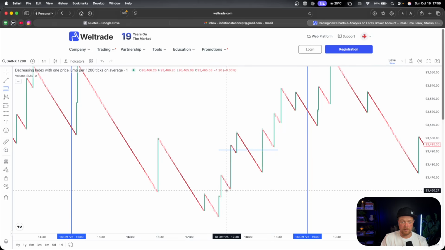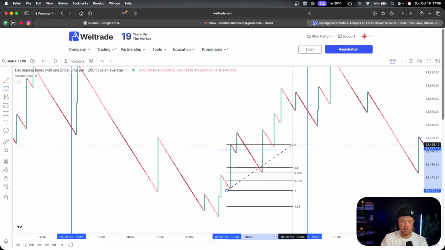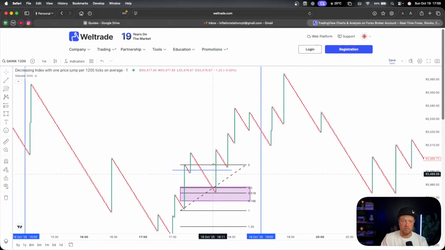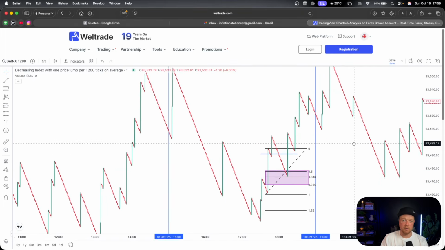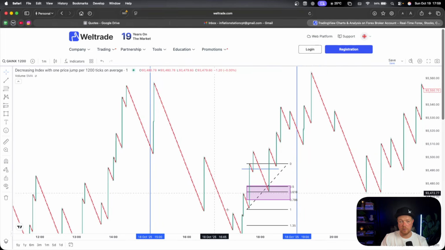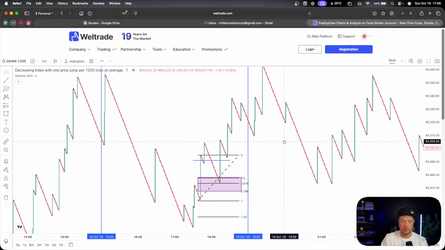We draw our fib from this low to this high of this candle that broke. Our entry zone, you got 1, 2, 3, 4 spikes, you're in and you're out, and then the next 4-hour candle started. So in this 4-hour window, you had 2 losing trades and you had 1 winning trade.